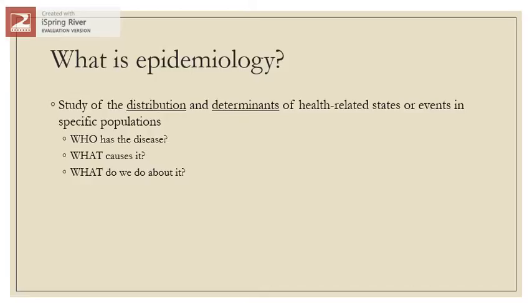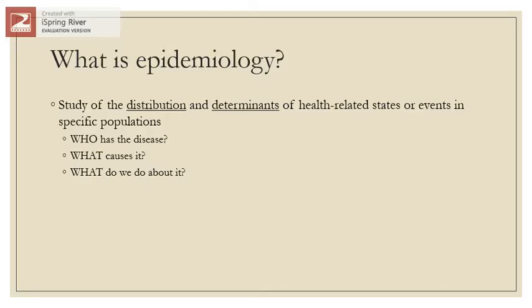And then there's a third step, really, after we define who or study who has the disease and what causes it. The next question, really, and the last step of the epidemiologic chain of events is, what do we do about that? So if we think about this in terms of physical activity, which is really the reason you're in this course, who is physically active?